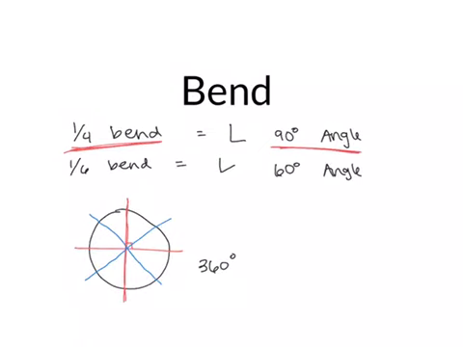If you look specifically in this corner, you've taken a 90-degree angle and divided it into 2 parts. Half of 90 degrees is 45. So if we take a 1/8 bend, which is dividing a circle into 8 sections, you end up with a 45-degree angle.